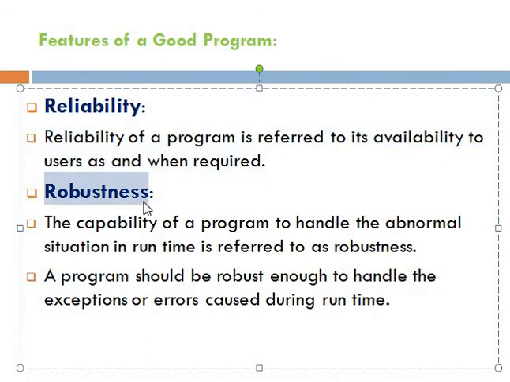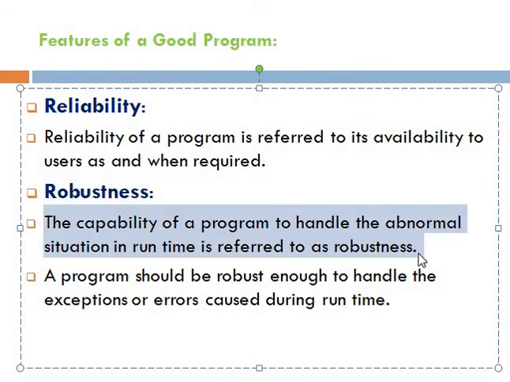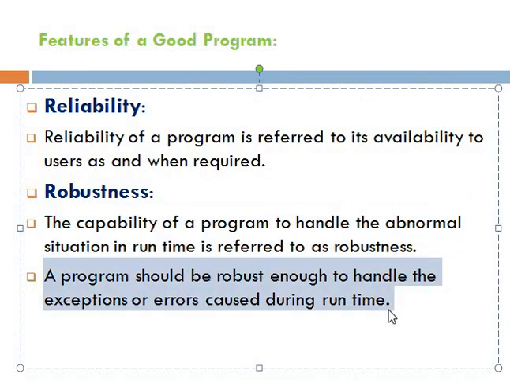The next feature of a good program is robustness. The capability of a program to handle abnormal situations in runtime is referred to as robustness. A program should be robust enough to handle the exceptions or the errors caused during the runtime.